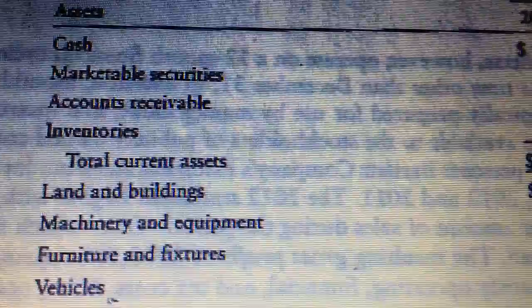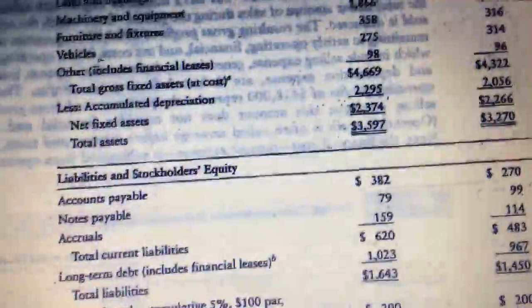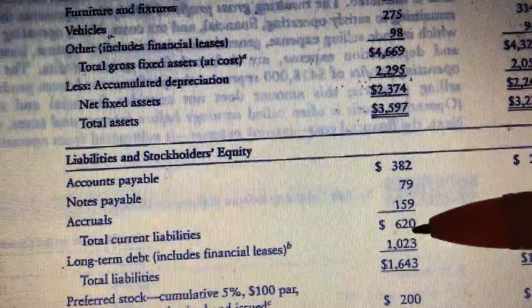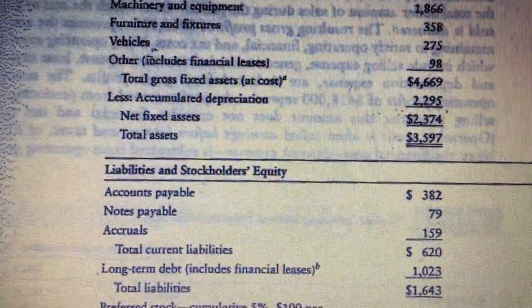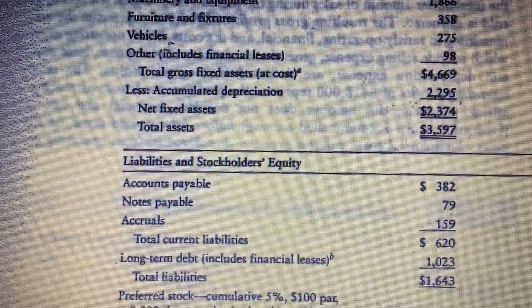Okay, current asset will be 1223. Current liability is going to be 620. So 1223 and 620.